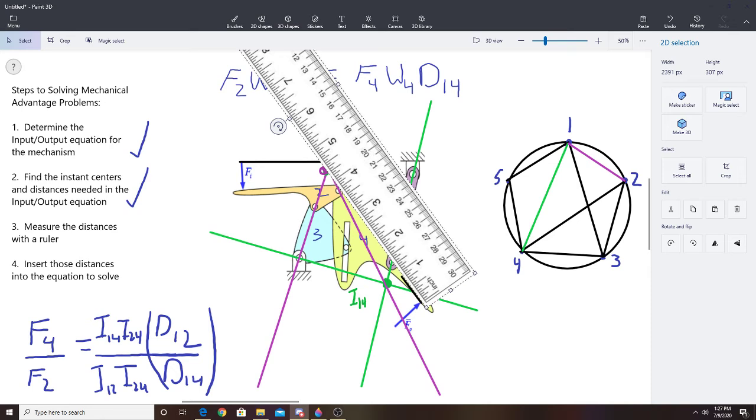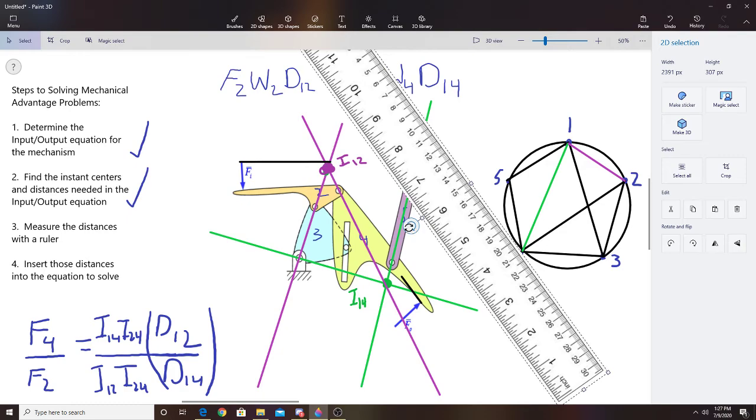Oh wait a minute, am I looking at the wrong line? So that's half, 3/4. Yeah, 7/8. All right, I was right. So D14 is 7/8. Easy enough, right? So we now know those two quantities.